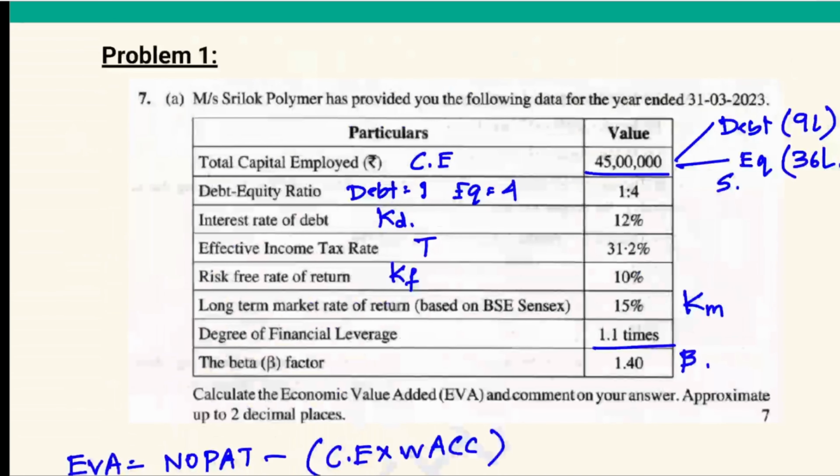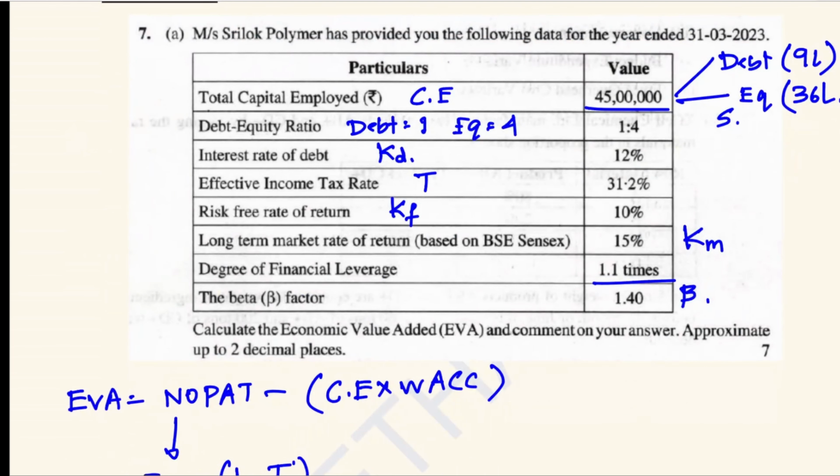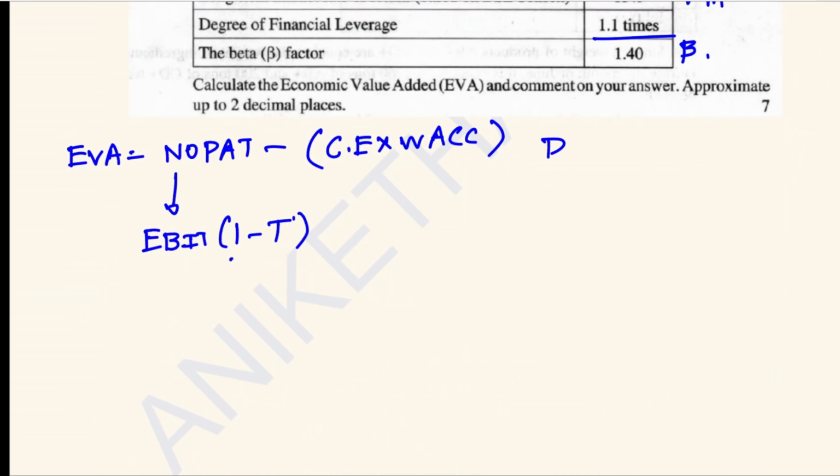This information is given, but no information about EBIT is given. That means you have to calculate EBIT indirectly using the degree of financial leverage. You should remember this formula: degree of financial leverage is equal to EBIT divided by EBIT minus interest expense.